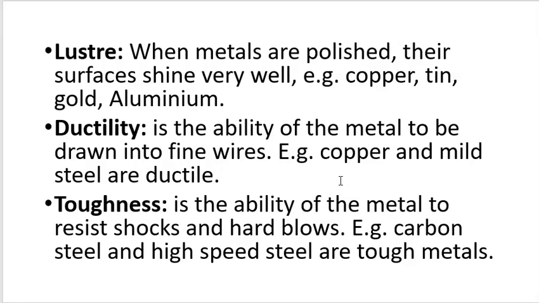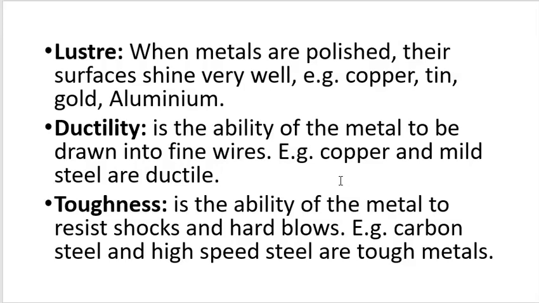Then ductility is the ability of the metal to be drawn into fine wires. Examples are copper and steel. Then toughness. This is the ability of the metal to resist shocks and hard blows.